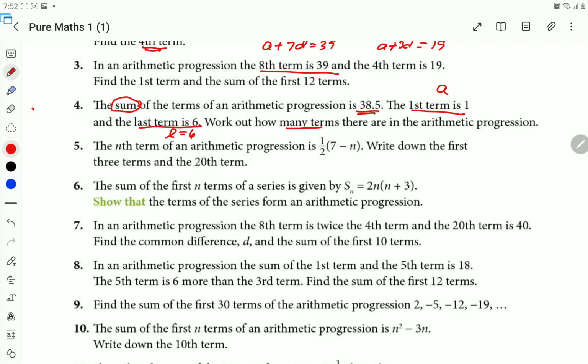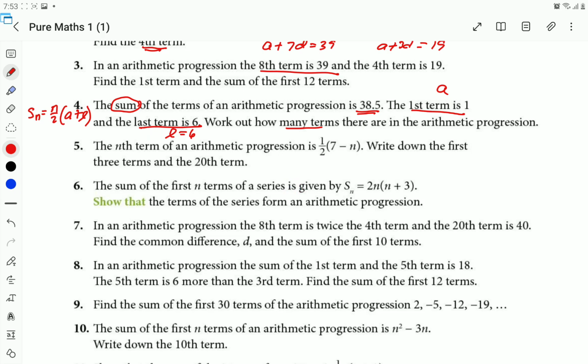That is S sub n is equal to n over 2 times (a plus l). Okay? So basically, you just need to look at what is given in the problem and review all the formulas that we have learned.